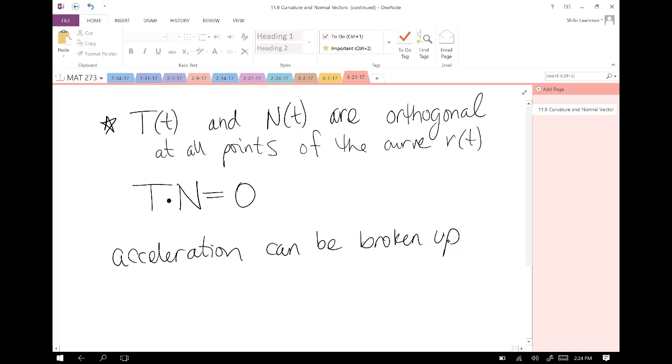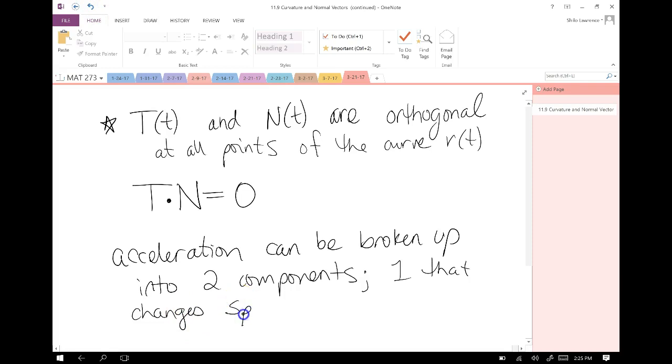So acceleration can be broken up into two components. One that changes speed and one that changes direction.